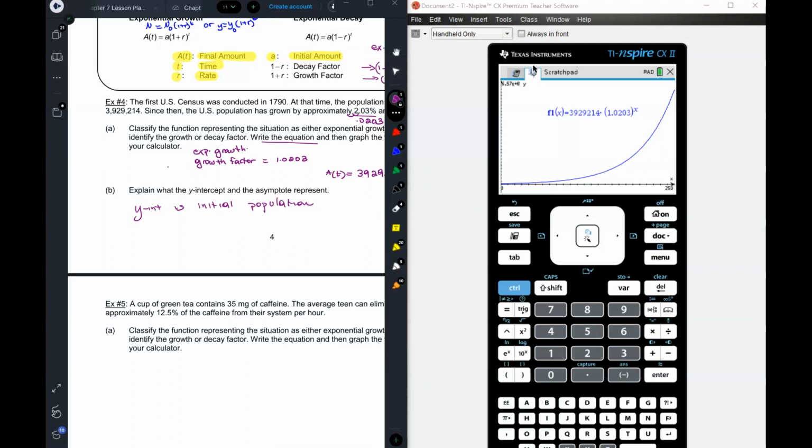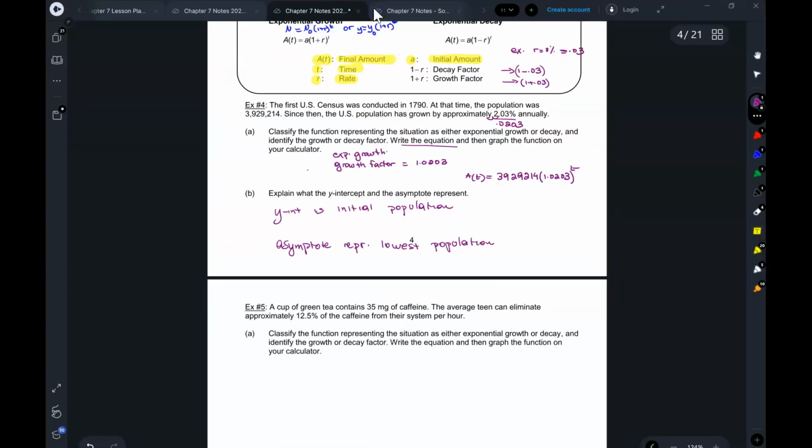The asymptote is the lowest value the population will ever reach. So the asymptote represents the lowest population we will reach. What is the asymptote in this case? Y equals 0.